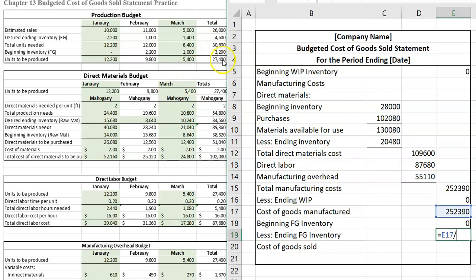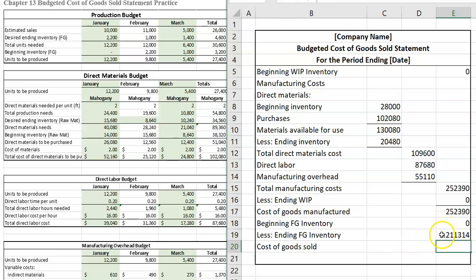$252,390, right? So I produced a total of 27,400, and I should be saying estimated to produce 27,400, because this is a budget, so it hasn't really happened yet. Let me press enter so you can see the result.